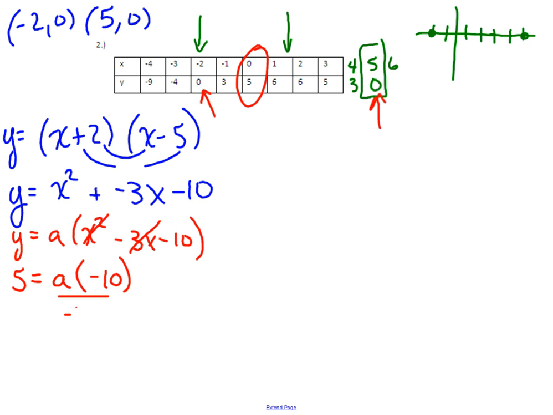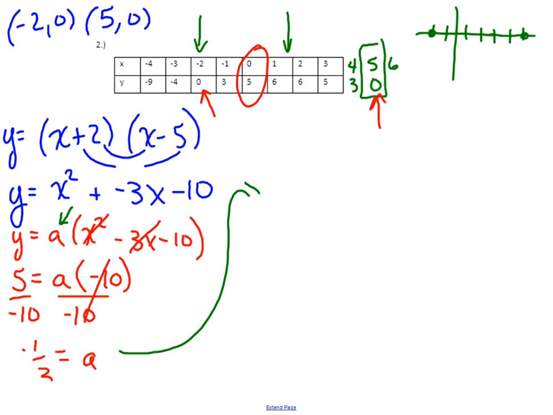And it's multiplying again, so divide to solve. So a is negative 1/2. Take that negative 1/2 and plug it back in for a, basically right there. So y equals a, which is our negative 1/2, times x squared minus 3x minus 10.